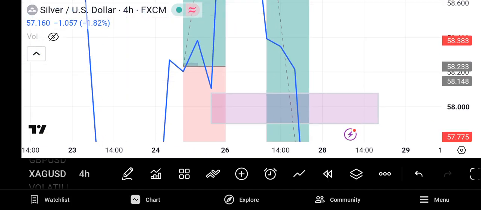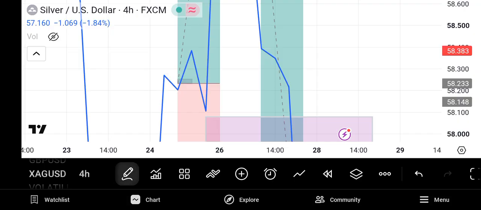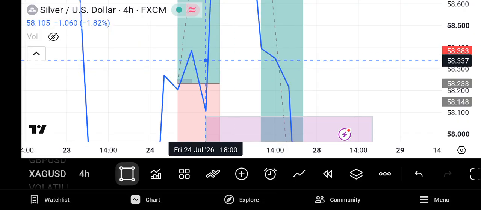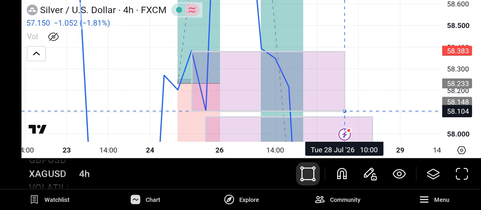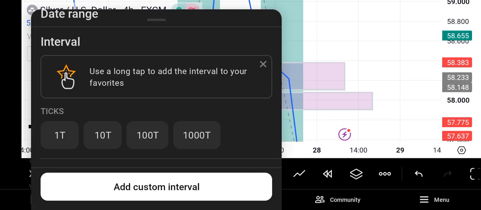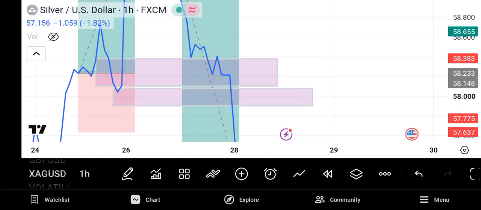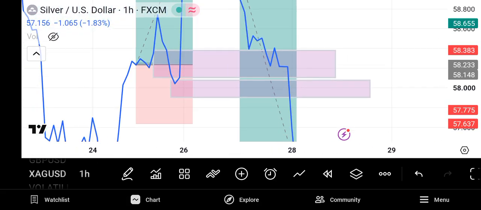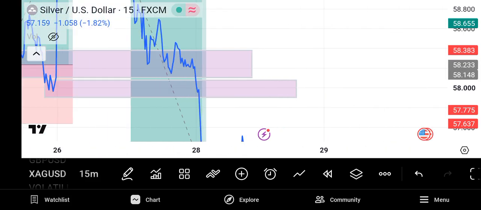So you know why this demand zone is there. If you mark it with these 4 hours, it is still the 4 hours full demand zone here. But if you go to 1 hour now, you will see that there is still demand zone down. If you go to 15 minutes, see the 4 hours demand zone.